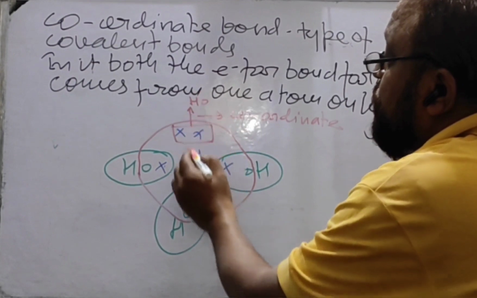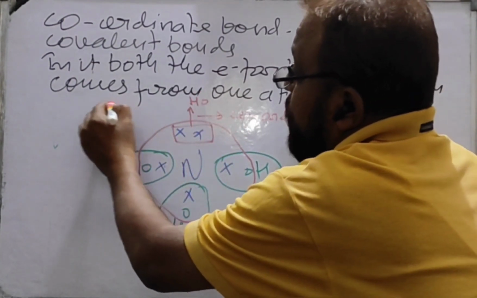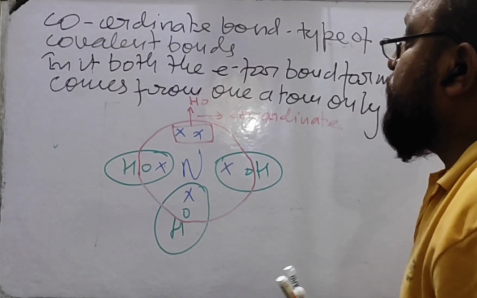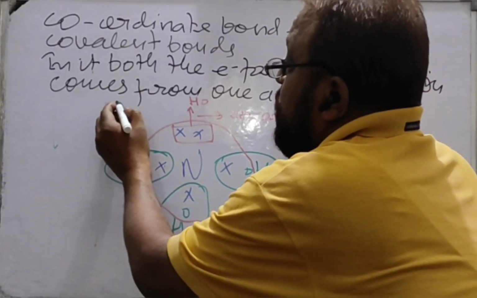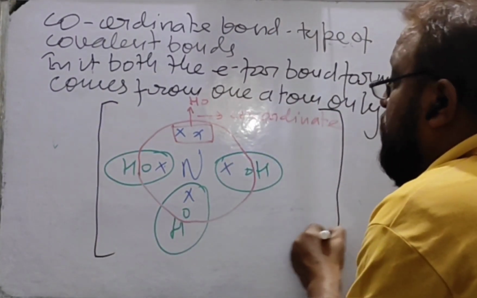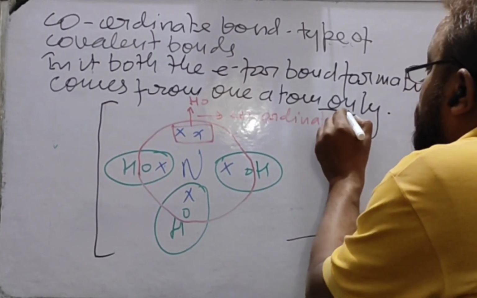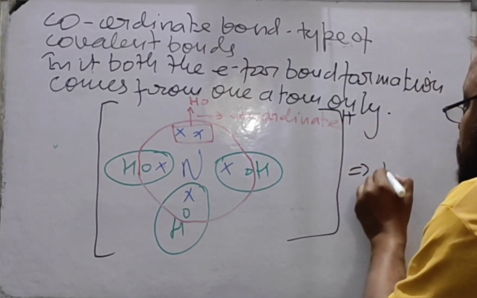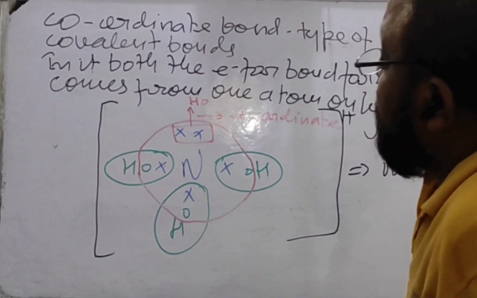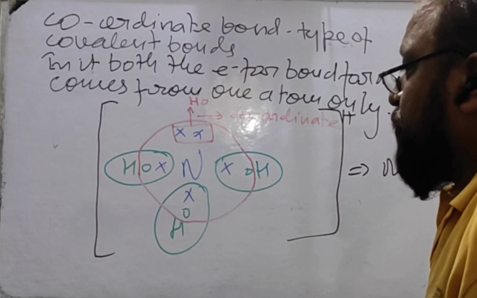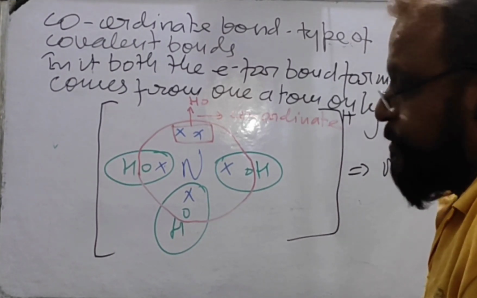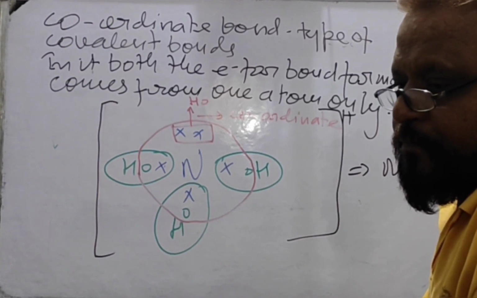Both the electrons for bond formation come from nitrogen only, and they form the ammonium ion, 1 plus. This is what we call the ammonium ion. So this is what we have about chemical bonding.